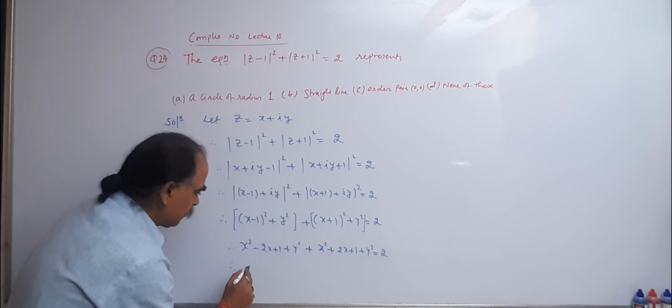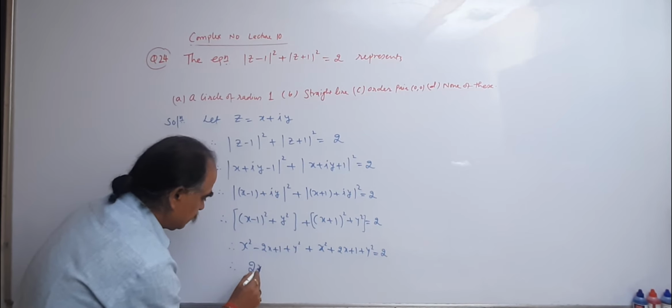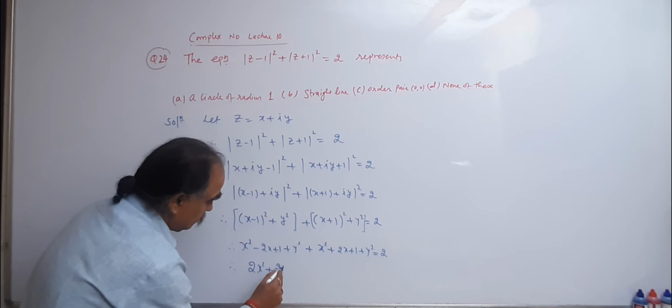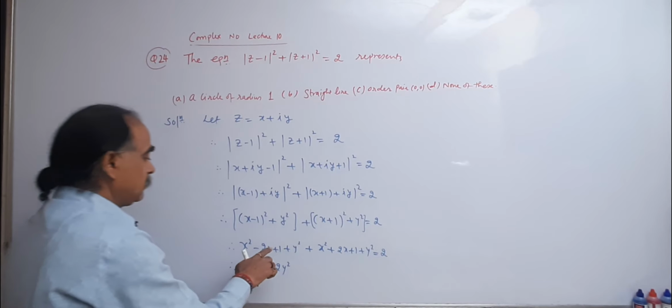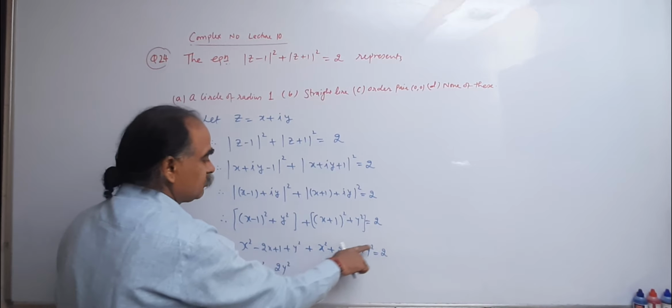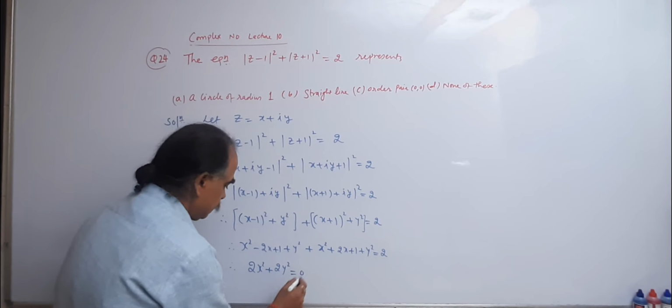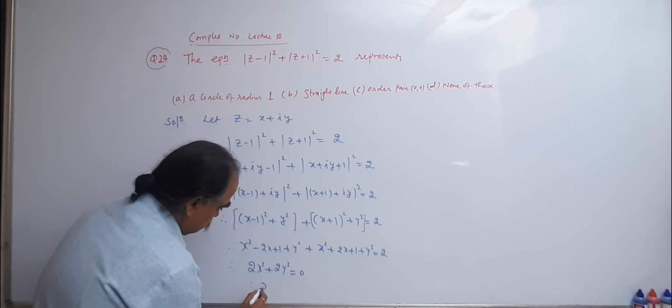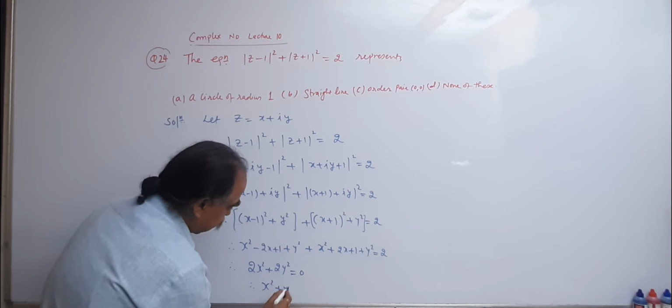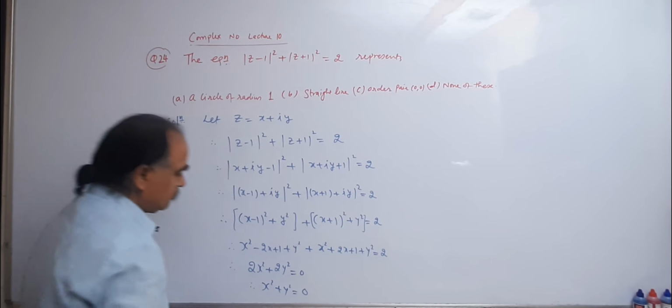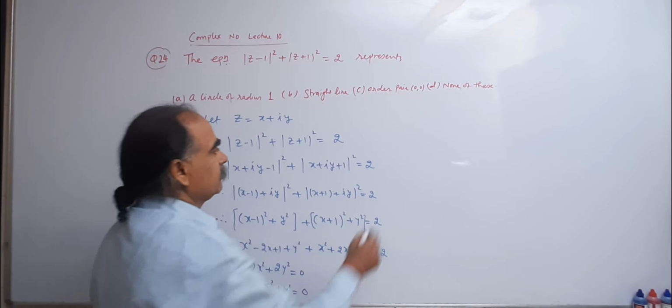2x square plus 2y square plus 2, 2 will get cancelled. Therefore, x square plus y square is 0. Now, sum of square is 0.